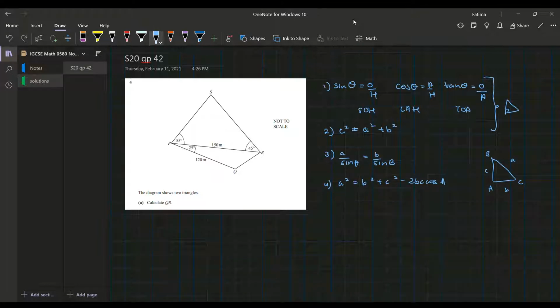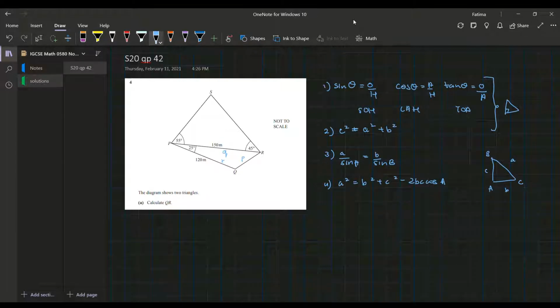In this case, length QR can be denoted as lowercase p, length PR can be denoted as lowercase q, and length PQ can be denoted as lowercase r. Okay. I'll just put this inside because it'll be easier.